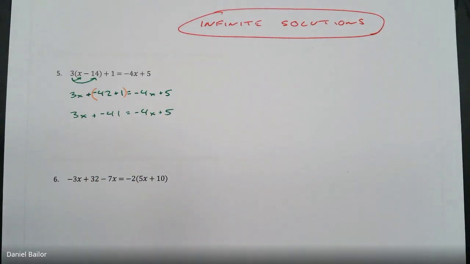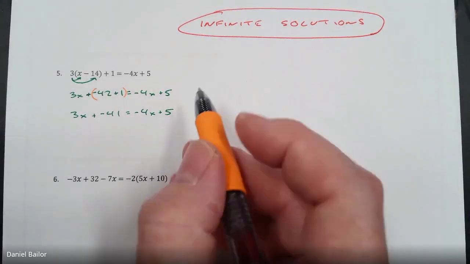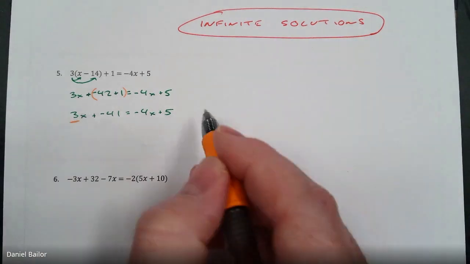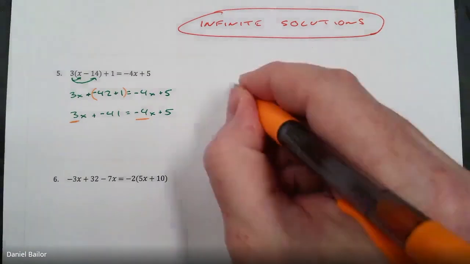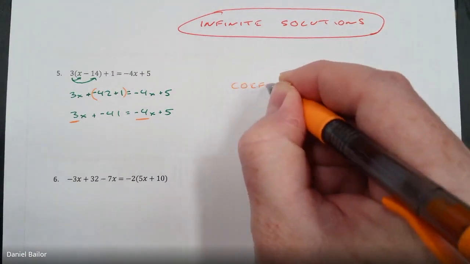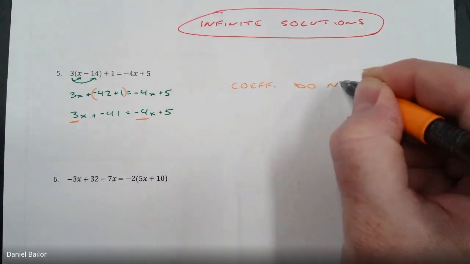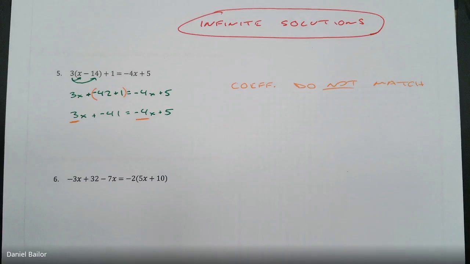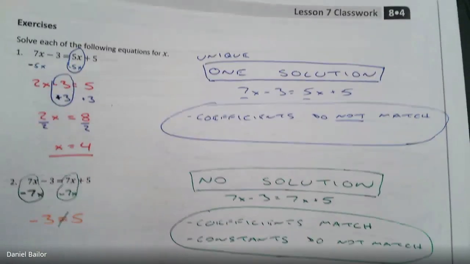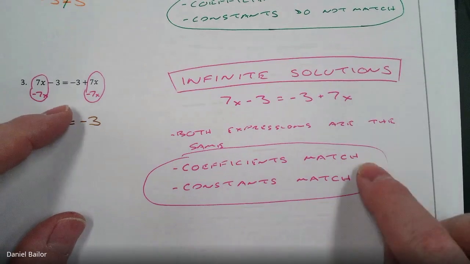Now it's simplified. I can look at the coefficients. I can look at the constants. Well, if I just look at the coefficients first, I see coefficient 3, coefficient negative 4. So the coefficients do not match. Back on page 61, you'll notice that for infinite solutions, the coefficients have to match.